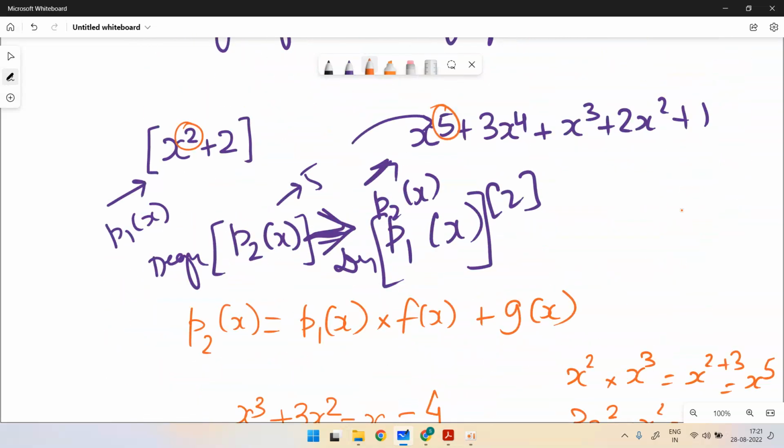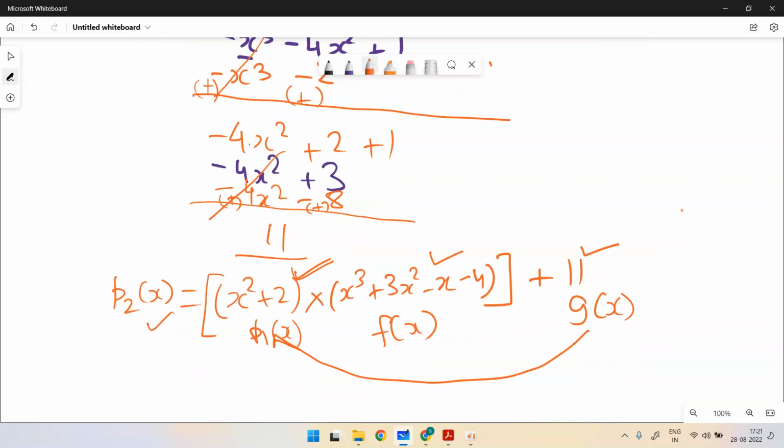Now, we very well know that I'm denoting a normal polynomial by px. What is px equal to 0? What does this equation symbolize?